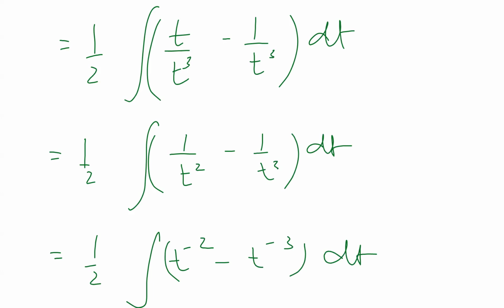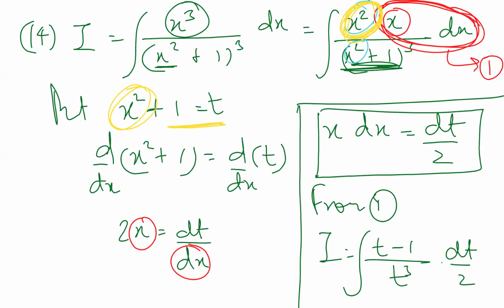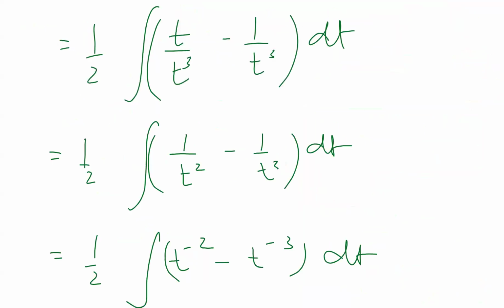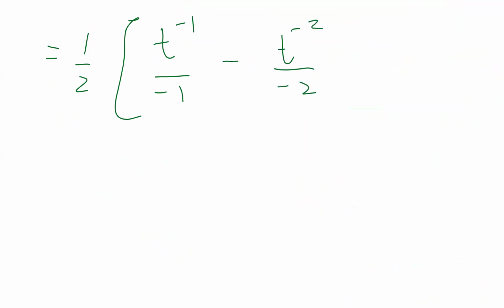Okay, I'll go back to the previous slide. Here I'm splitting and I'm taking half outside because there is 2 over here. x raised to n gives x raised to n plus 1 upon n plus 1. So half, minus 2 plus 1 upon minus 2 plus 1, minus 3 plus 1 upon minus 3 plus 1.